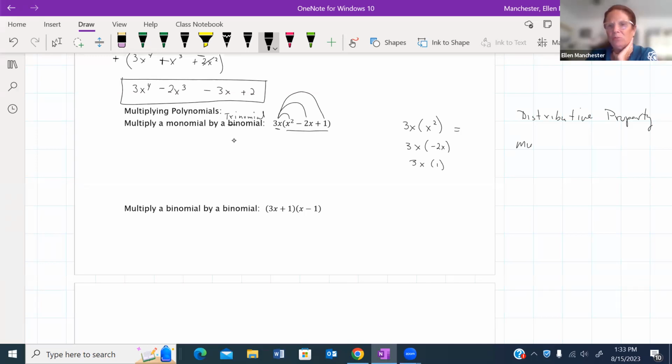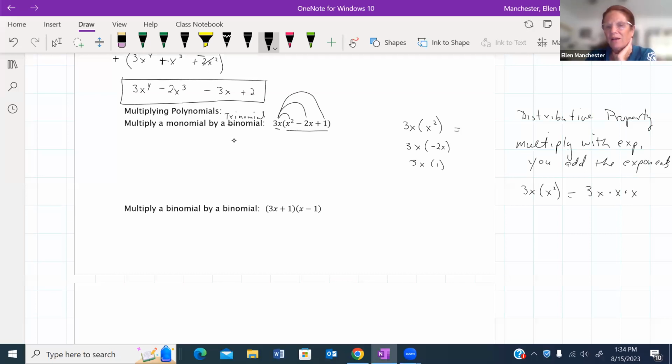Okay, so when you multiply with exponents, you add the exponents. For example, if I have 3x times x squared, I have 3x times x times x.